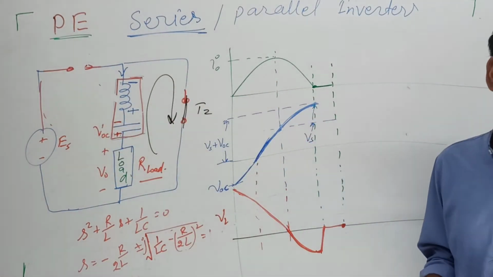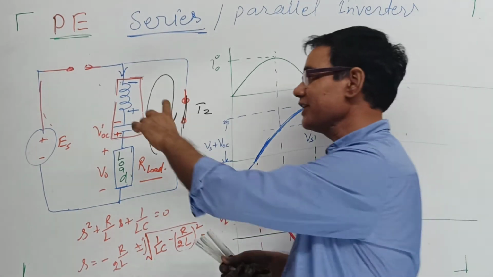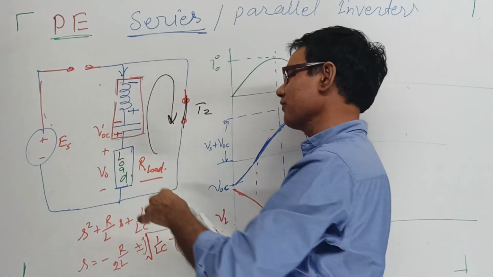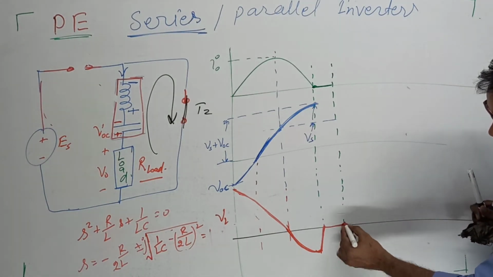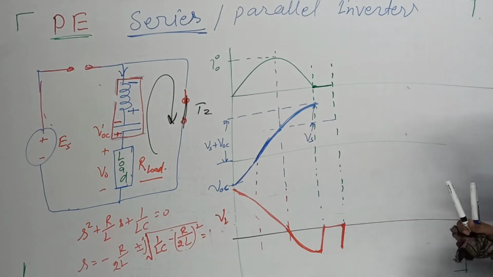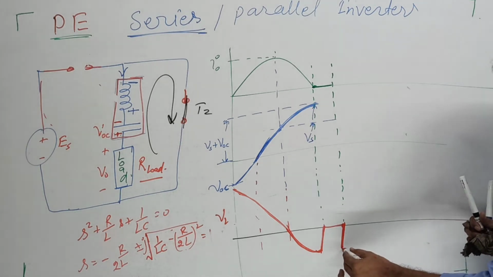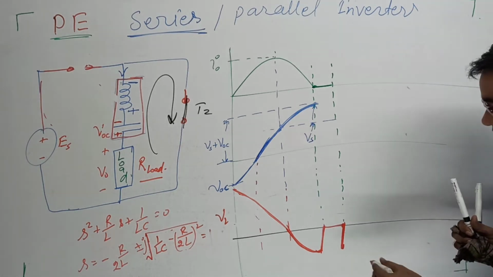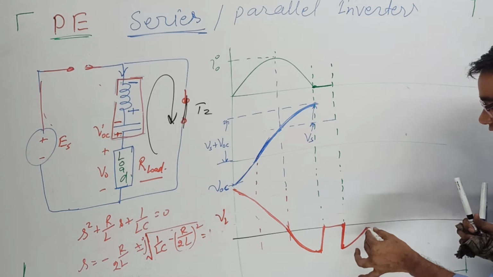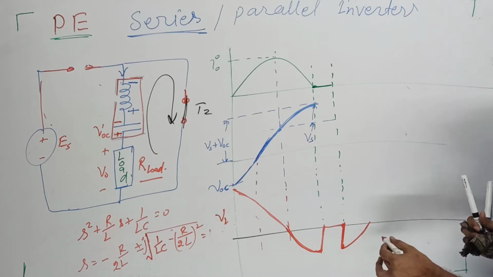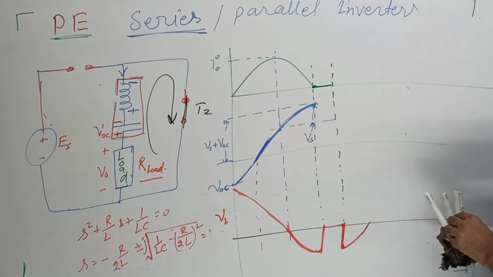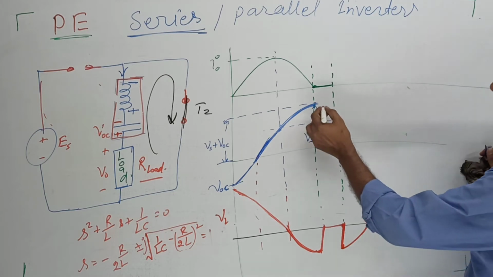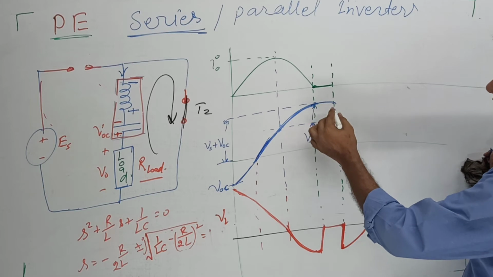When the current is in reverse, this inductor initially opposes the flow of current, so it produces the voltage like this. Due to the opposition, the voltage reverses. Then slowly the current increases and the voltage decreases. The voltage across the capacitor remains approximately the same.